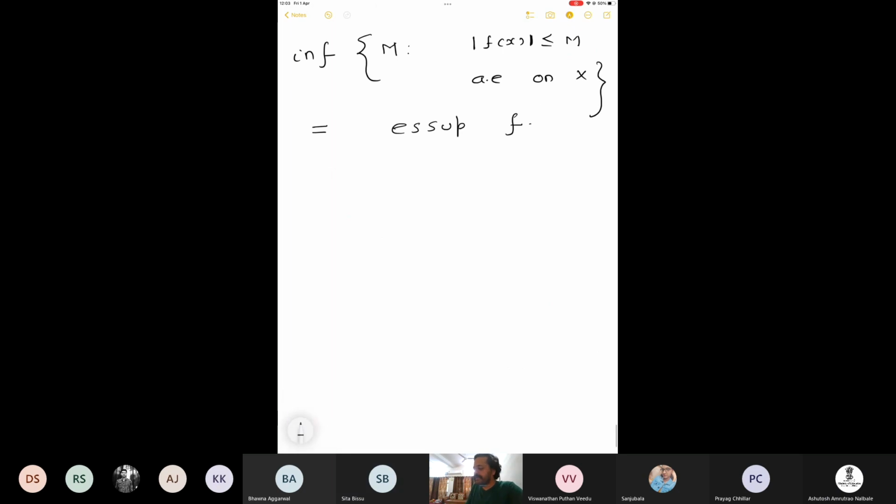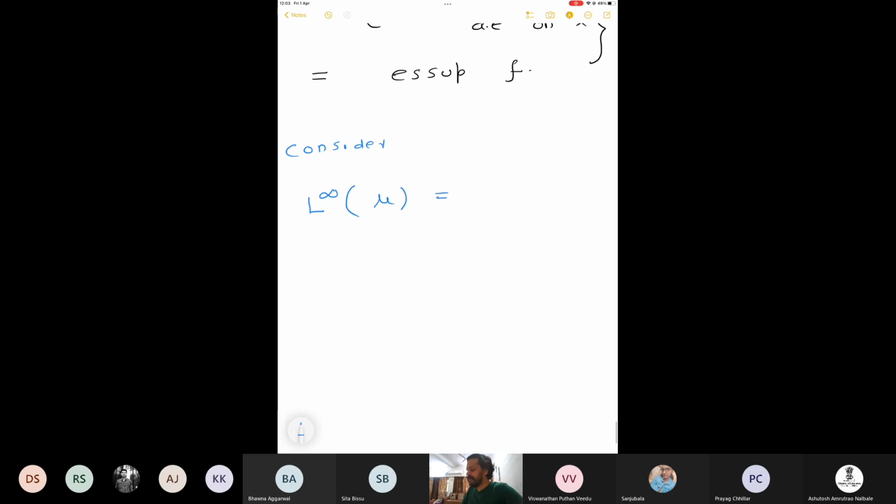And now I am going to denote it. Consider, I am stopping with this, L infinity mu. What is that? It is equal to a collection. L p mu I have already discussed for 1 less than or equal to p less than infinity. Now for infinity, my definition is this.